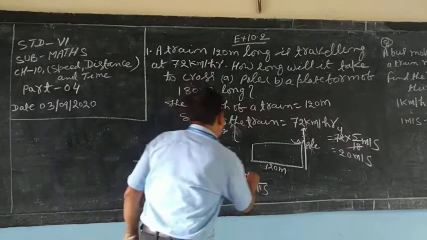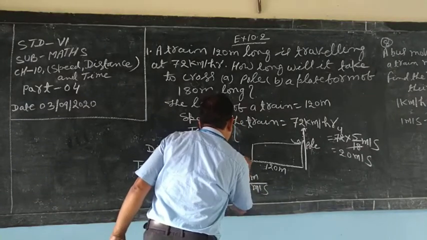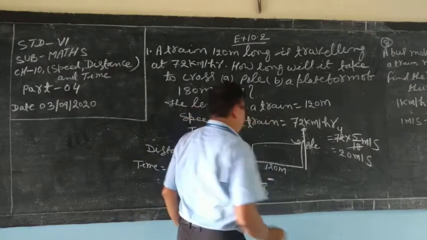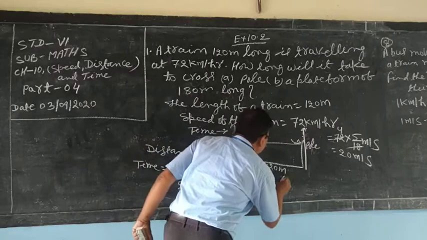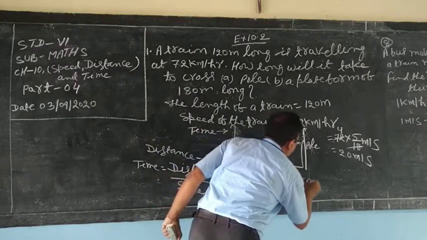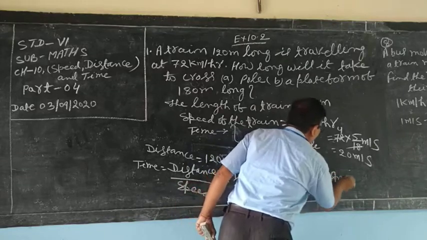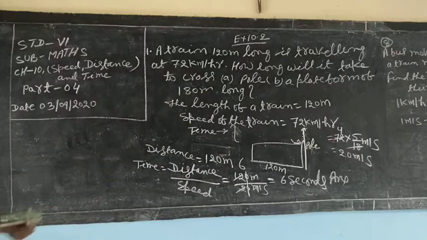That gives 6. The unit of time is the smallest unit, so your answer is 6 seconds. Understood now?